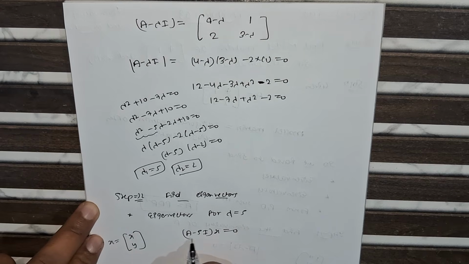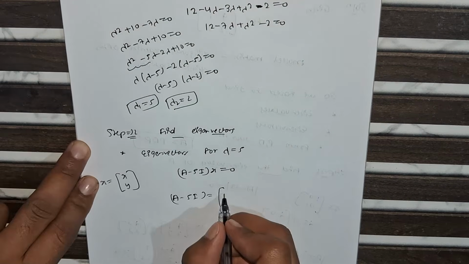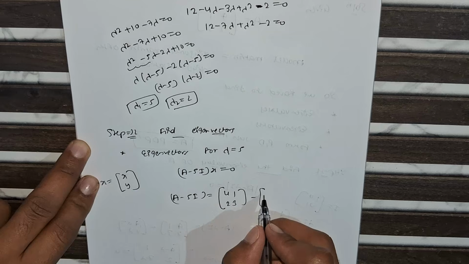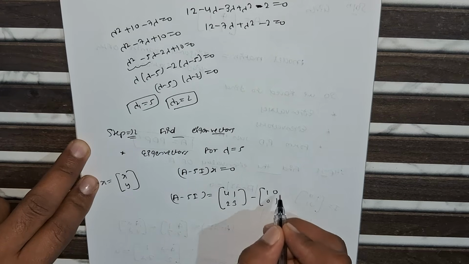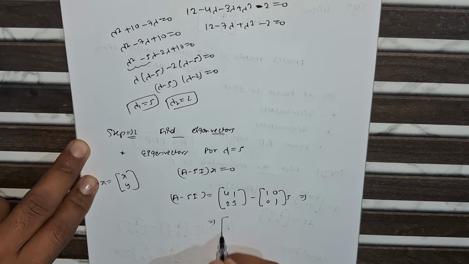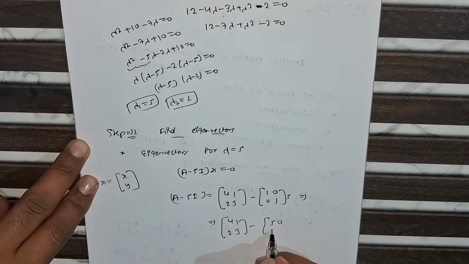So now we have to find A minus 5I first. A minus 5I equals A, which is [4, 1; 2, 3], minus 5I, which is 5 times [1, 0; 0, 1]. So when you multiply this 5, it becomes [4, 1; 2, 3] minus [5, 0; 0, 5].